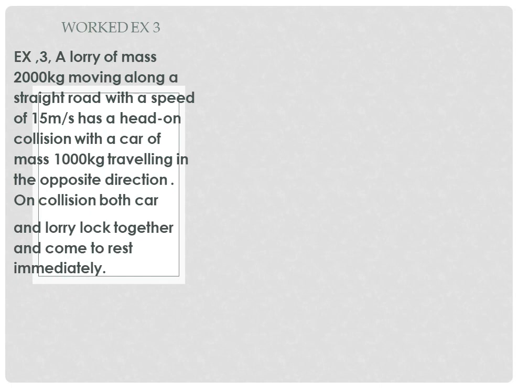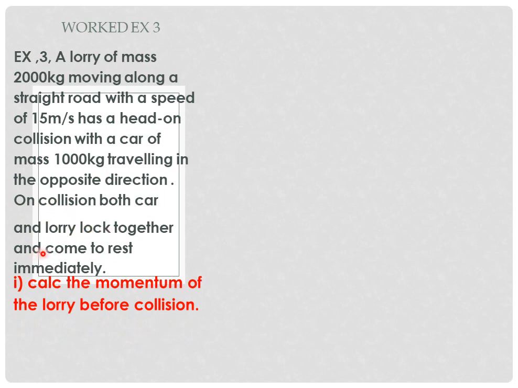On collision, both car and lorry lock together and come to rest immediately. It means after collision, they stick together and they come to rest immediately. 1. Calculate the momentum of the lorry before collision. 2. Calculate the speed of the car before collision.